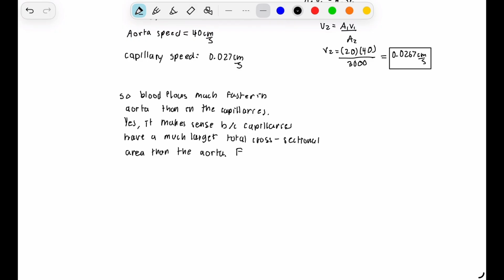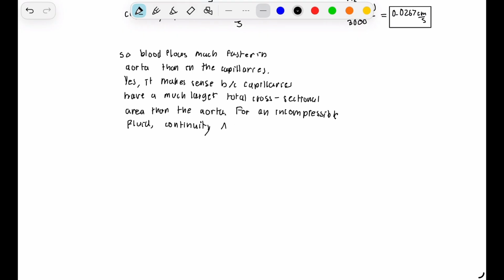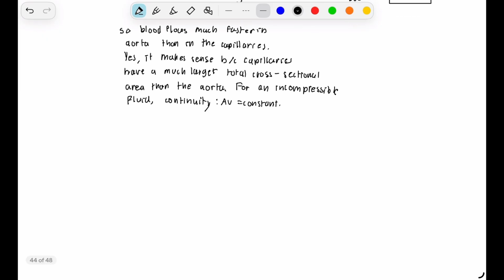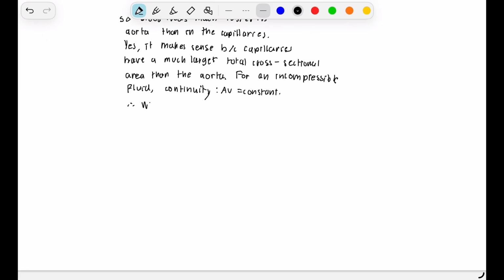And for an incompressible fluid, we have a continuity statement, which is AV is going to be constant. And that means that when area increases, speed must decrease in order for this to stay a constant product.